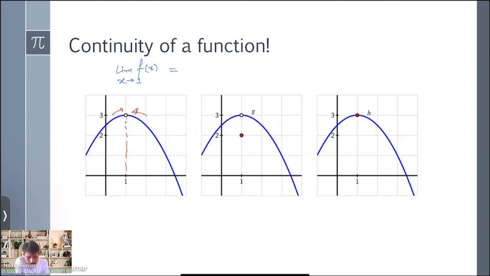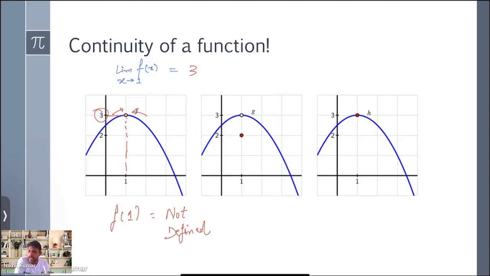In both cases, the value of the function seems to be approaching this point. So the limit of f of x is this. But what is the value of f of x at x equal to 1? The function is not defined at this value. It's not defined.